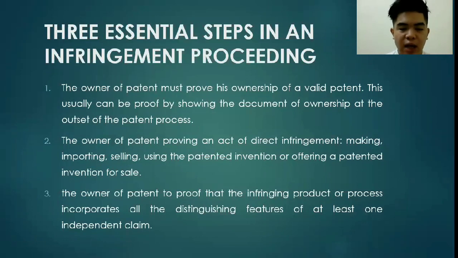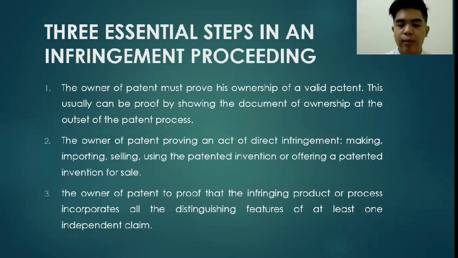The 5 acts are prohibited under this provision when performed without the consent of the owner of the patent. The 5 acts include making, importing, selling, using the patented invention, or offering a patented invention for sale.